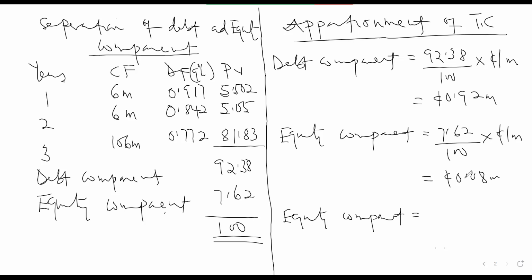So the equity component will be calculated as 7.62 plus 0.08. Because this is a transaction cost, if you are capitalizing, it will be added. So this is going to be having a debit balance. So if you are capitalizing, it means that it will be debited to the equity accounts.